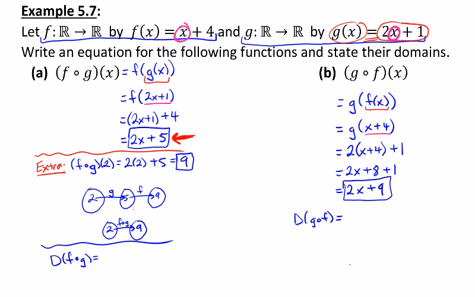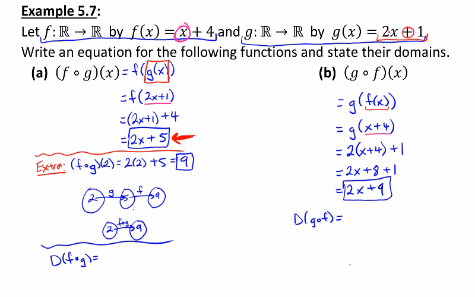But I also want you to go back and analyze the very first function that you're supposed to be using. In this case, I'm starting with g of x. Look at 2x plus 1, and I can make the same argument. All I have here is a multiplication and an addition.